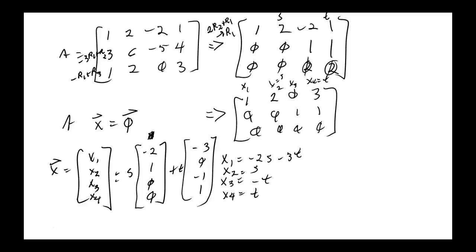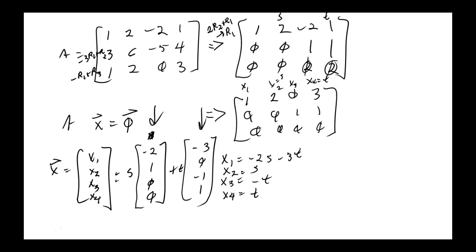Therefore, the basis for your null space would be these 2 vectors, this one and that one, because you pick any C1 and C2, any combination of those. So the 2 vectors are solutions, and all solutions of that homogeneous system are linear combinations of those 2 vectors.